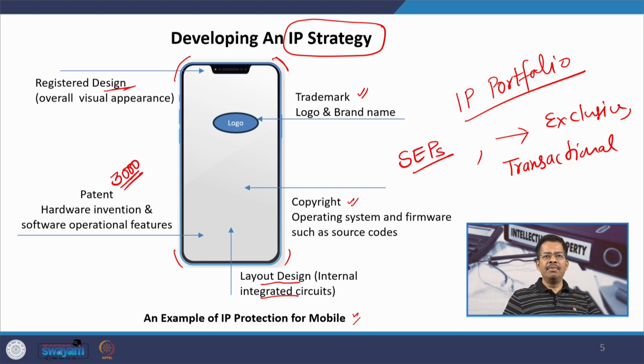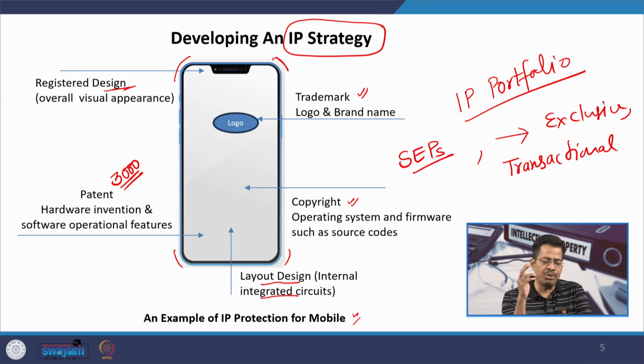Then only people will be able to compare that yes, this is a product of value, and then the entire ecosystem of mobile related repairing, mobile accessories, all those things will happen and the benefit will come to me. So, IP strategy should facilitate all these things. That is the important thing I am trying to explain with the help of this mobile example.